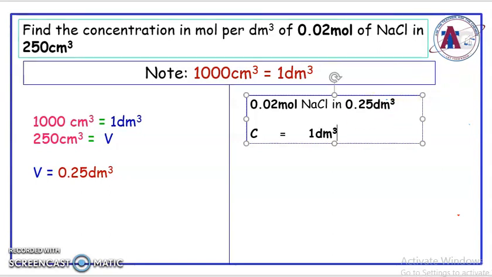So we say, okay, C, which is the molar concentration, will be equal to 0.02 times 1, divided by 0.25.